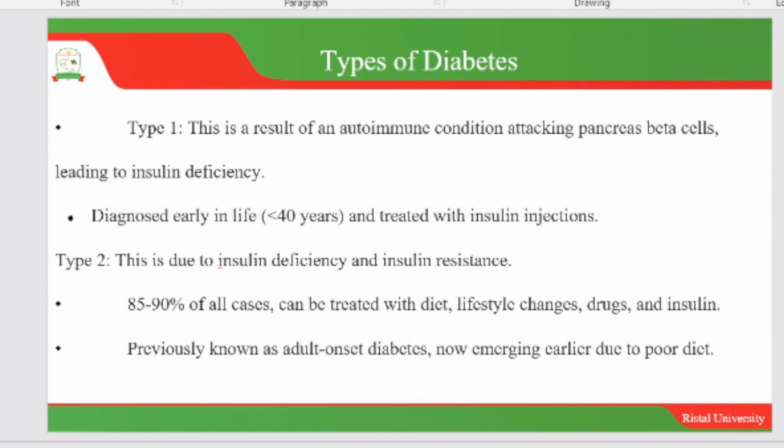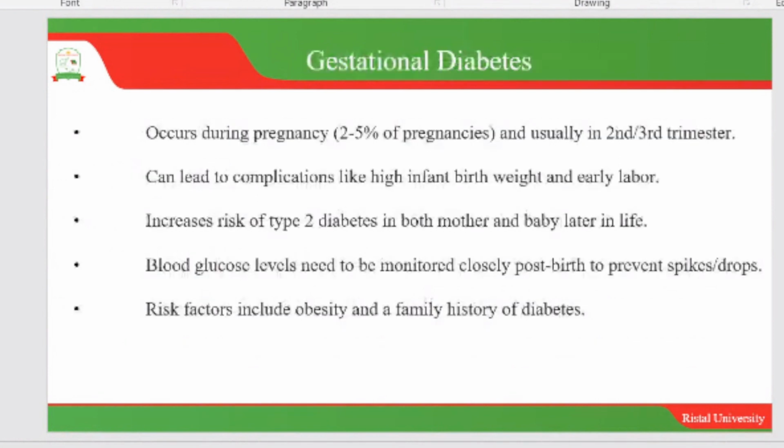So this one happens in 85 to 90% of cases. Previously, this kind of diabetes was known as adult onset diabetes because it happens in people who are more than 40 years of age. But these days, it can emerge even earlier in life, and this is related mainly to poor diet.